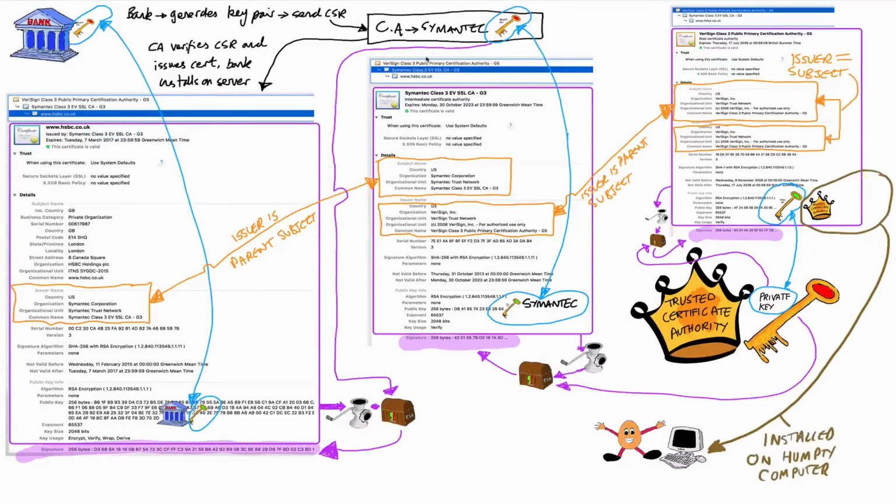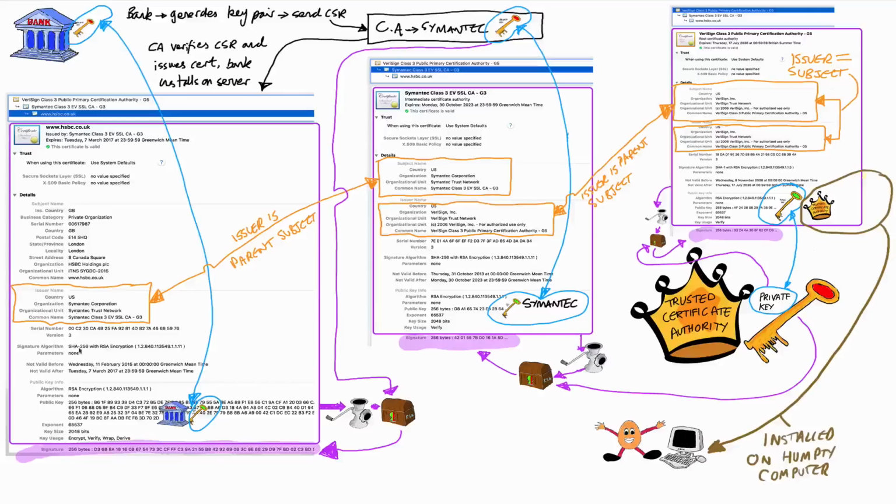Then Symantec will include a section in the certificate about themselves. So they say, okay, we are issuing this, and this is who we are. We are Symantec Corporation, and this is a unique identifier for them as an entity, Symantec Class E. We're going to get into this quite soon in the video, but for now let's carry on.